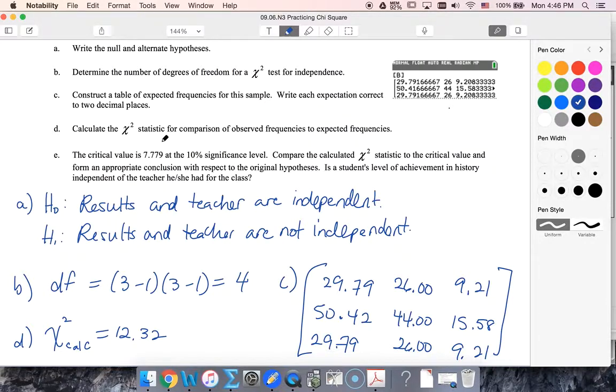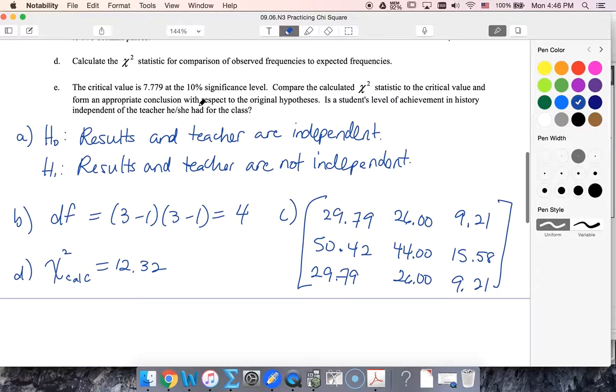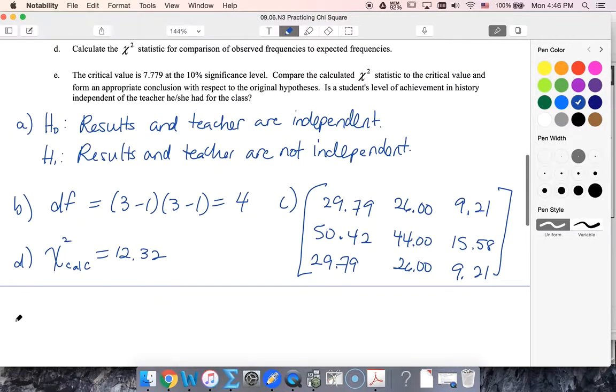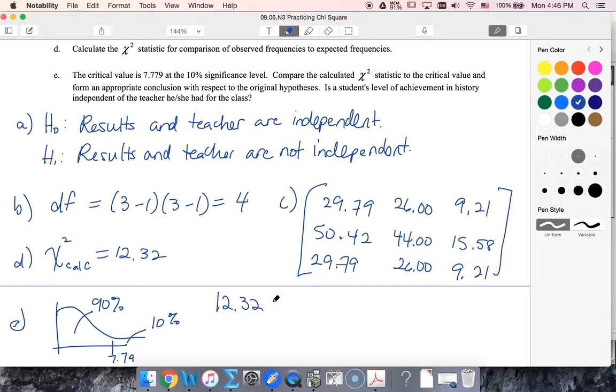My critical value is 7.79 at the 10% significance level. So if I think about my graph, it would look something like this. Here's my 7.79, 10% rejection region, 90% acceptance region. I know that 12.32 is well over here. It's greater than 7.79.